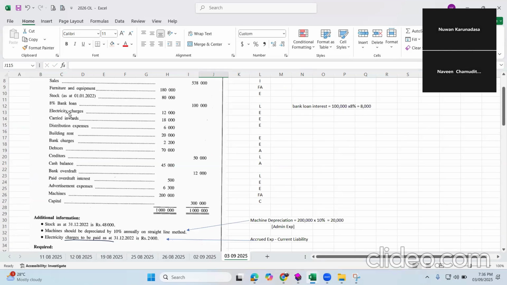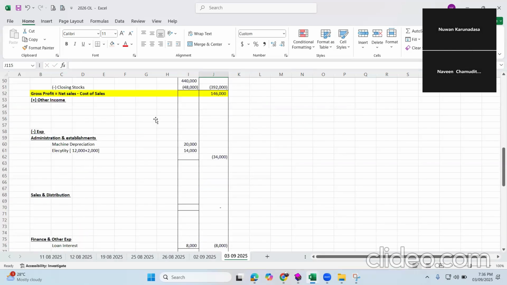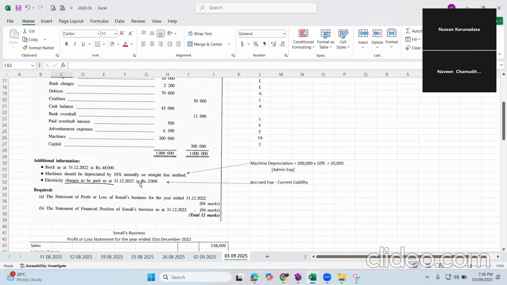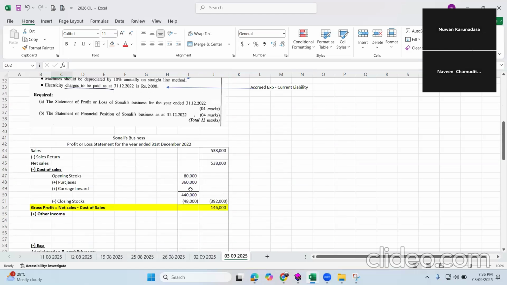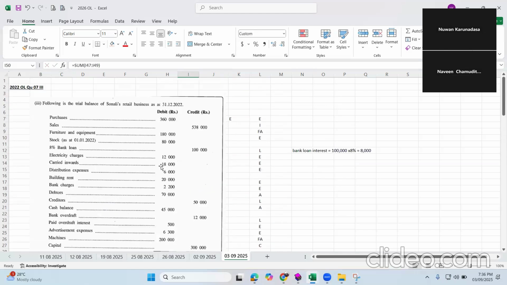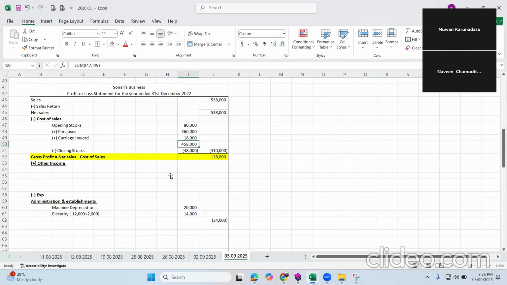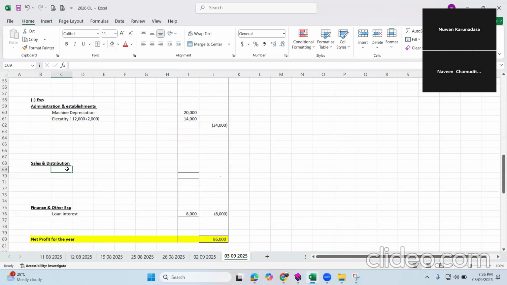It's done. Then electricity 12,000 is to administration. We have done it. Carriage inward 18,000 to the income statement here. Then distribution 6,000, sales and distribution.